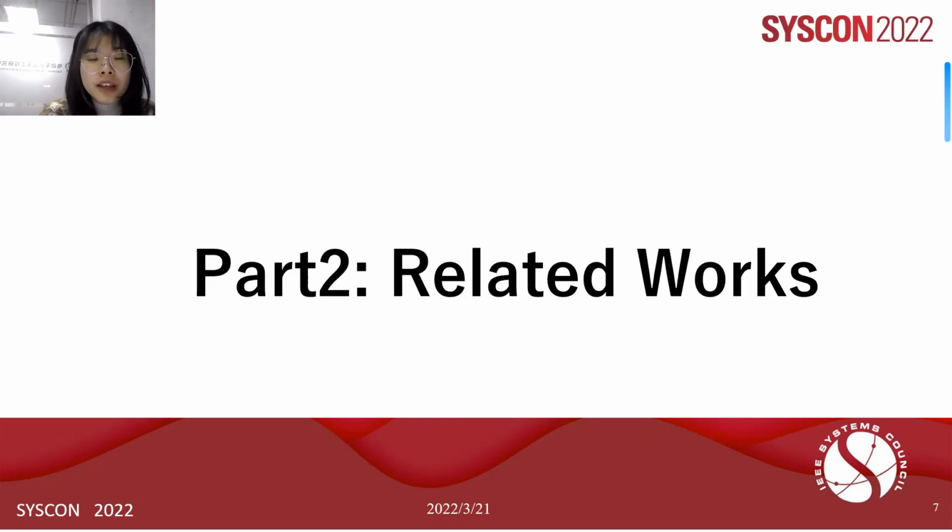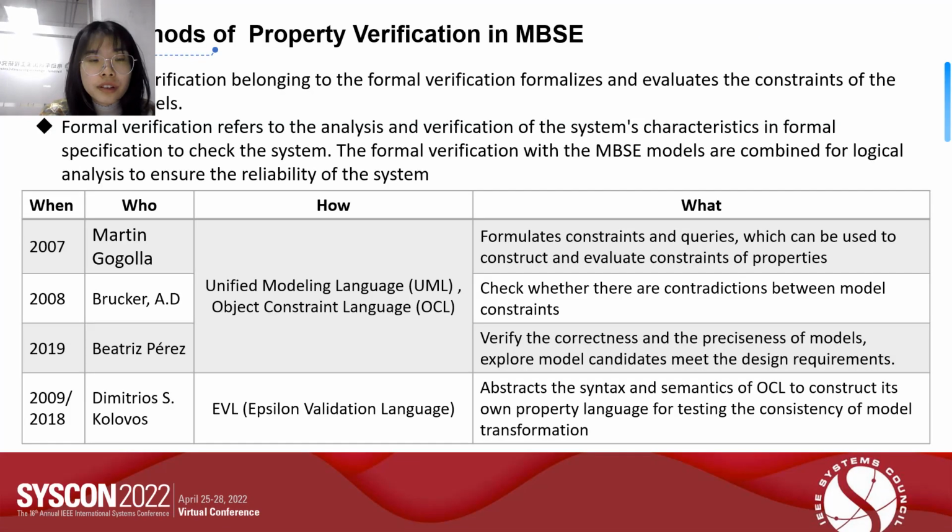The next part is our related works. The definition of property verification is clear here. Property verification belongs to formal verification and formalizes and evaluates the constraints of formal models.